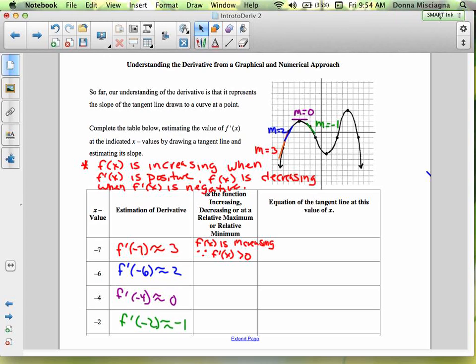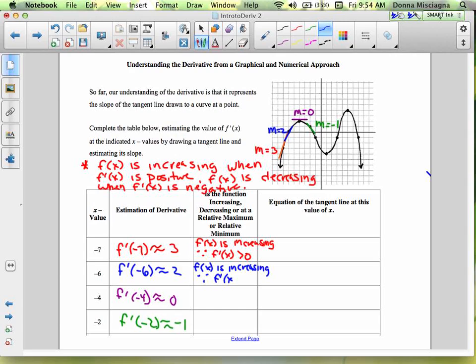The same is true at negative 6. f of x is increasing because f prime of negative 6 is greater than 0.